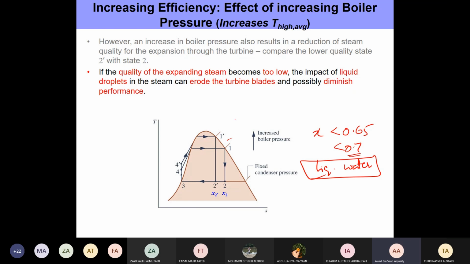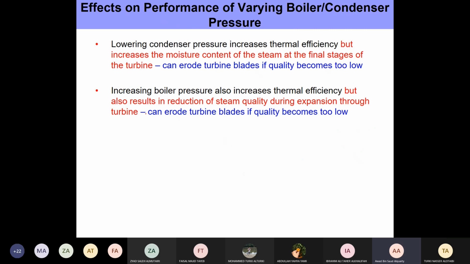So these are the two options that we have. To summarize, we discussed two options, going back to the efficiency formula, 1 minus T low by T high. In the first option, we reduced the condenser pressure, which allowed us to reduce the temperature at which heat was being rejected.